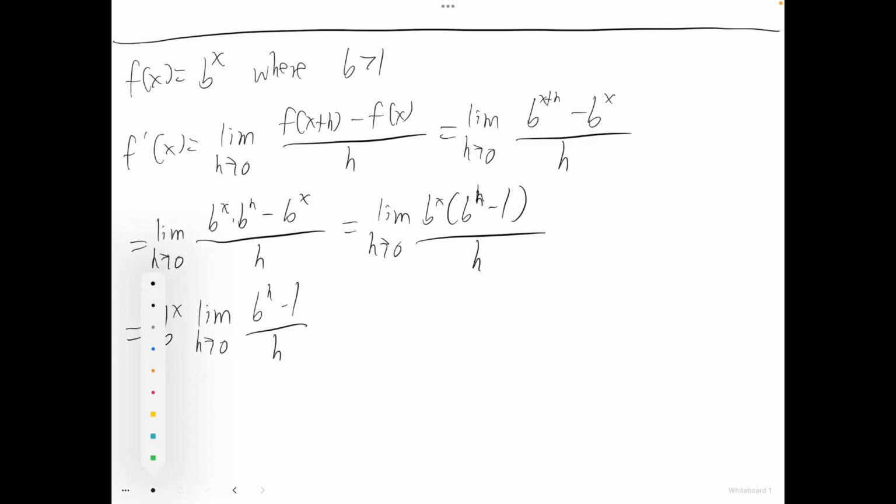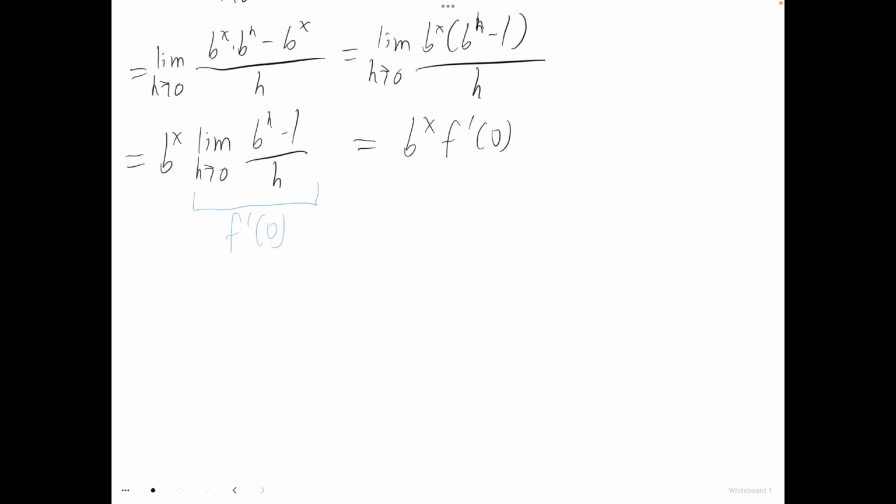And now this limit that we have right here is just going to be f prime of 0. That's just using the definition of the derivative. You can check that's f prime of 0. So we get b to the x times f prime of 0, which is f of x times f prime of 0.